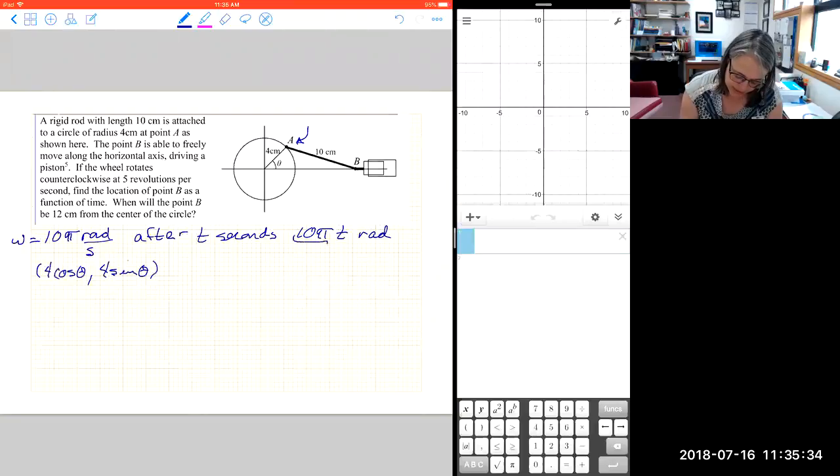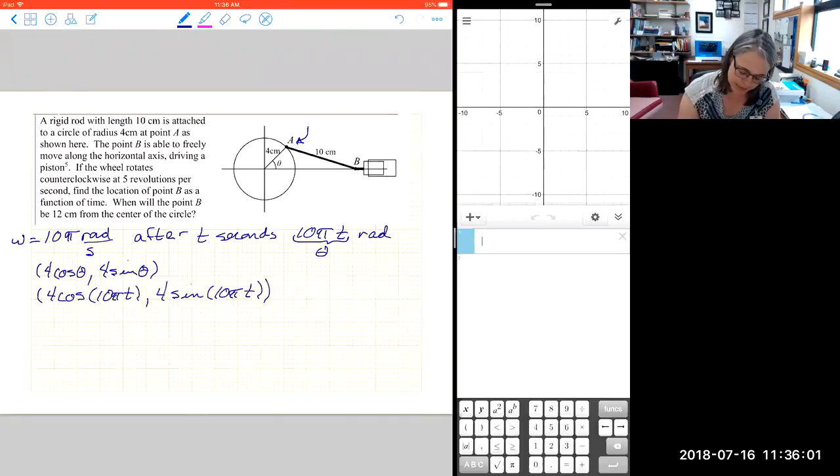This 10 pi t is my angle theta as a function of time. So I can now write the coordinates of that point as 4 times the cosine of 10 pi t, comma 4 sine 10 pi t.